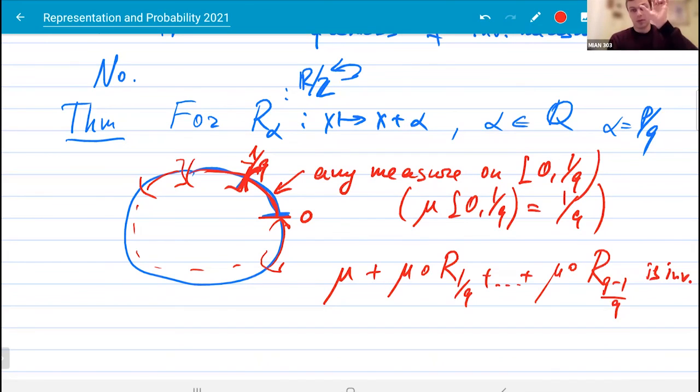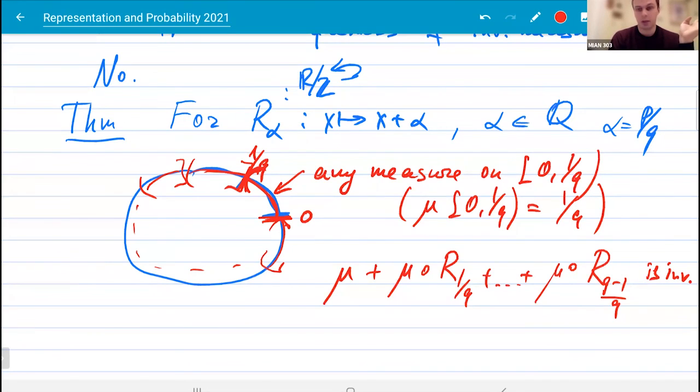Just because if you consider any set, split it into parts that belong to each of these semi-intervals, and then each such set is moved by R alpha to the corresponding part in a different semi-interval, and therefore its measure is the same.